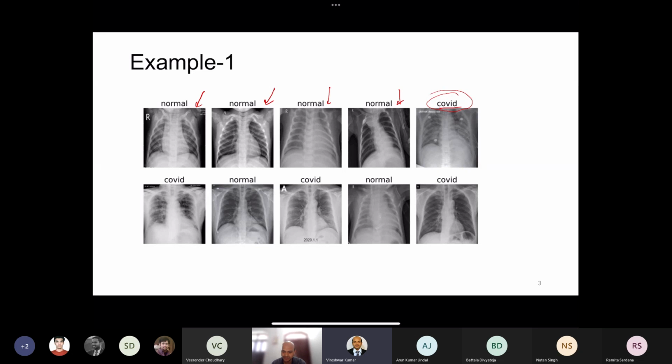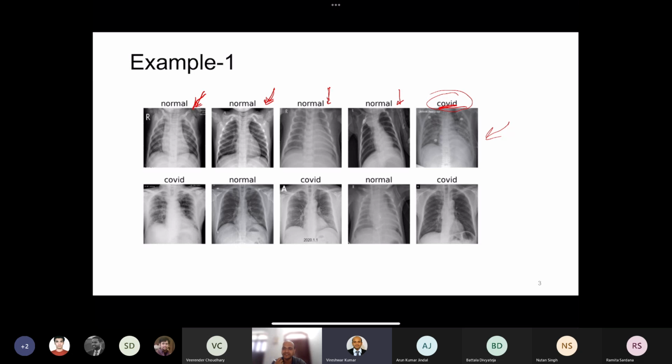But if someone is infected with COVID, then the chest scan will look something like this. So now what we could do is make a machine, an algorithm, learn what is a normal X-ray scan and what is a scan which can be interpreted as COVID.